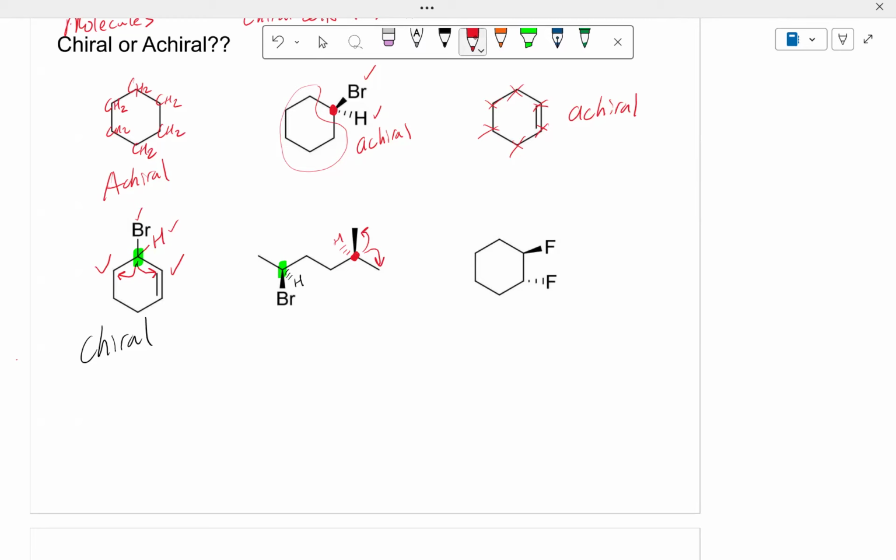It doesn't matter that I drew that with a solid wedge. It doesn't automatically make it chiral just because I drew a wedge. I'm just telling you what direction that carbon's going in. So that carbon is not chiral. But since I have at least one chiral center, the one I highlighted there in green, that's going to make the whole molecule chiral.